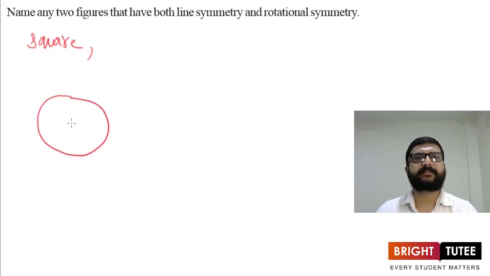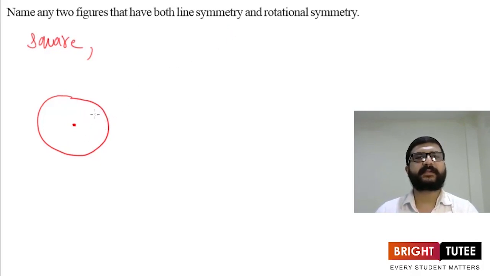Circle is the best example for line symmetry as well as rotational symmetry, and the order of rotational symmetry is infinite for this, because when we rotate this circle about the center, infinitely many times we are going to get the circle during the rotation. So the order of rotational symmetry is infinite for a circle.